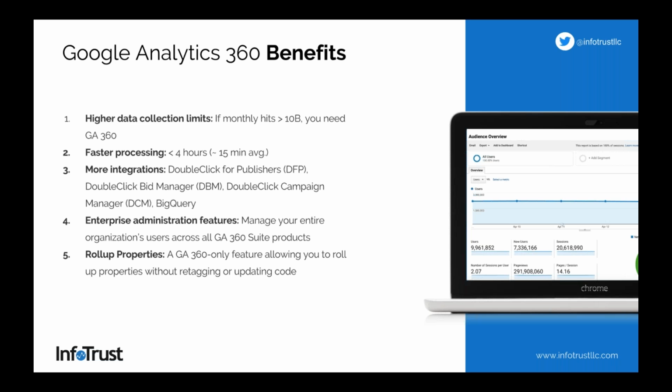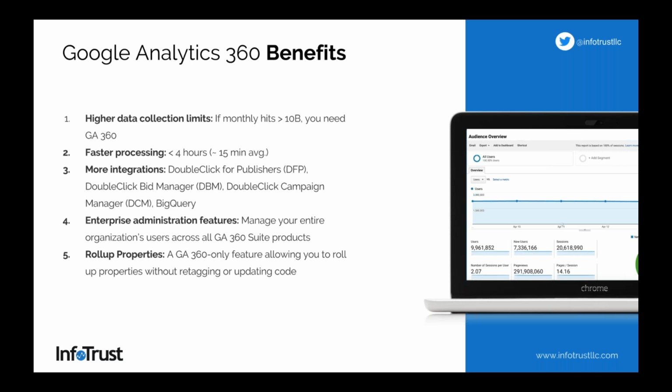So for instance, if I am InfoTrust, let's say we own 5 different websites, if I wanted to see all that traffic inside of one GA property, I would need to put on every single one of those websites one Google Analytics tracker for the local property, just reporting on that website, and then a global tracking code or a global tracker onto that site as well. And so all 5 of those sites would have the same tracking code, which would be that global tracker. And then that would roll everything up into Google Analytics.